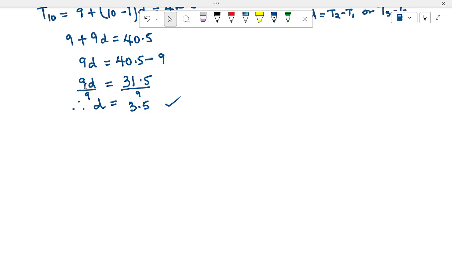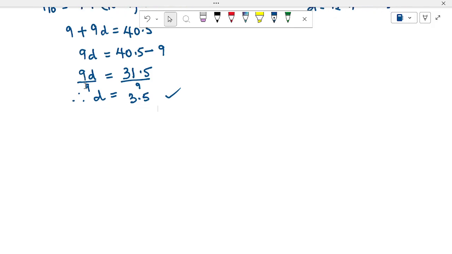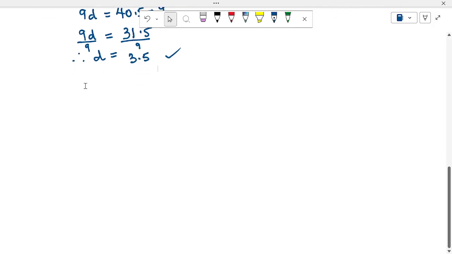All right, let's go on. Having gotten our d to be 3.5, then we can go on. Since we know the last term, we can go on to get the position of that last term.